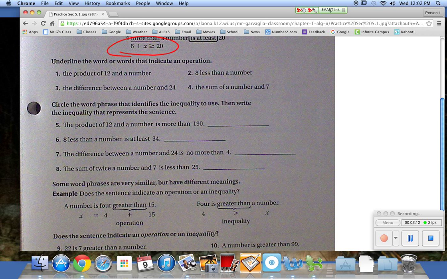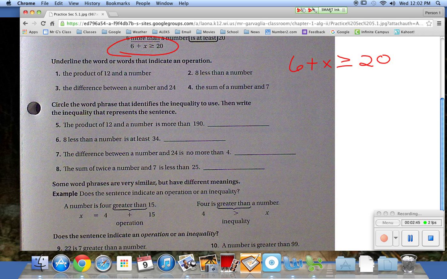Here's a rule I'm going to teach you: we treat this just like it was an equal sign, until one thing happens. There's only one case where it'll switch the sign around.